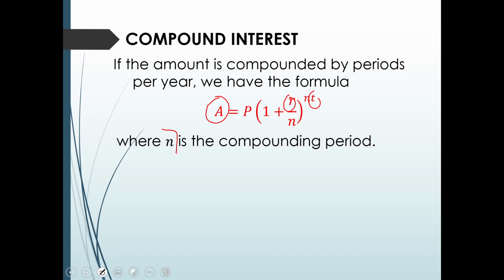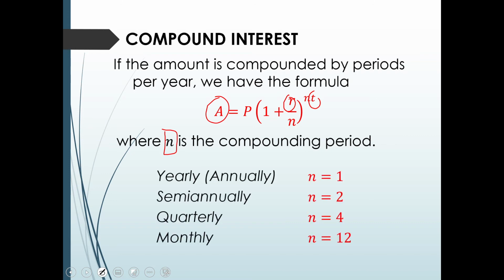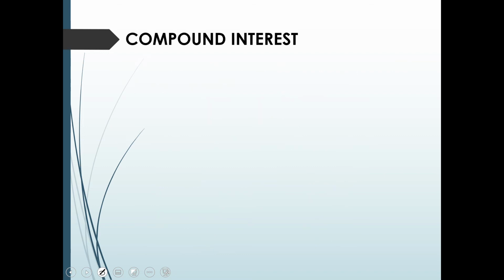The new thing here is the N. So you need to remember the following values of N. If it's compounded yearly or annually, N is 1, semi-annually, N is 2, quarterly, N is 4, monthly, N is 12.